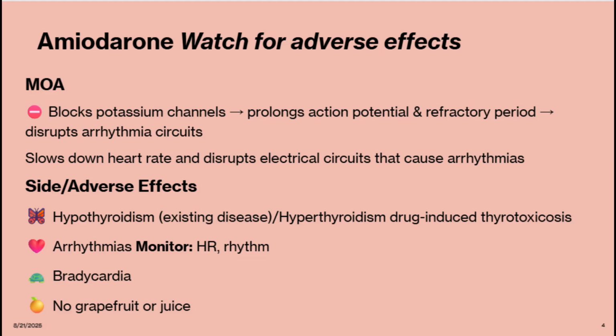But also you can develop this hyperthyroidism that's drug-induced, so again, keeping a close eye on the TSH. Even though we're trying to prevent arrhythmias, these medications can cause arrhythmias, especially if somebody experiences significant bradycardia. So again, monitoring that heart rate.